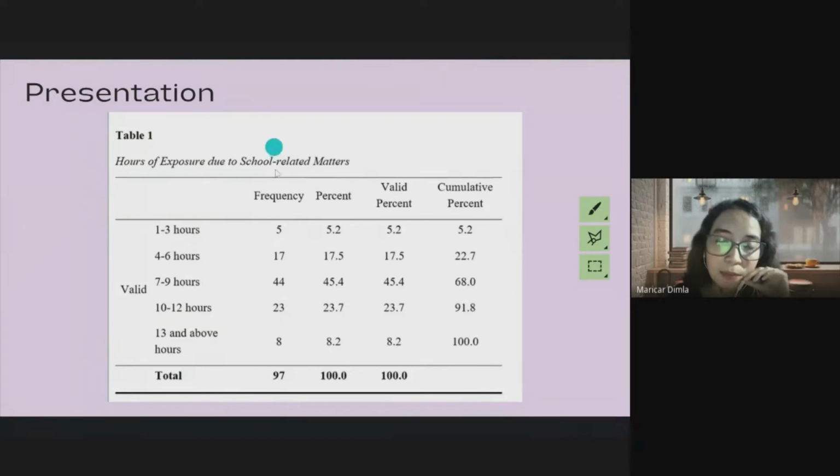Sige nga, class, based on this data, anong oras pinaka-exposed yung mga estudyante? Ewan ko na lang pag hindi niyo pa maintindihan through this table. Majority of the students, ilang oras ang exposed sila on their school-related matters?